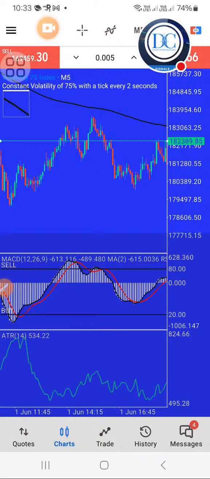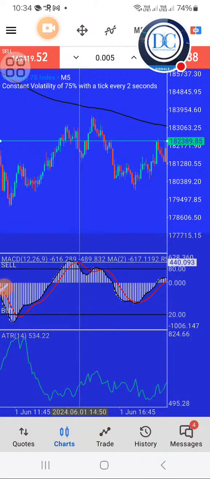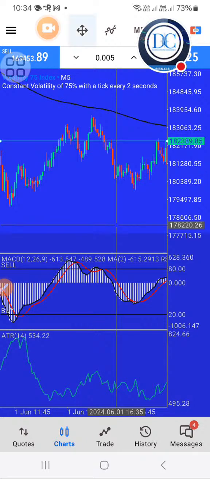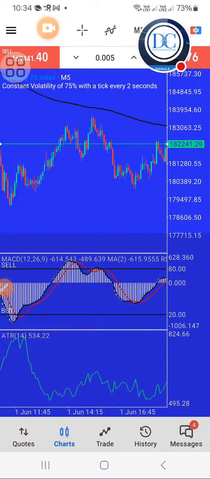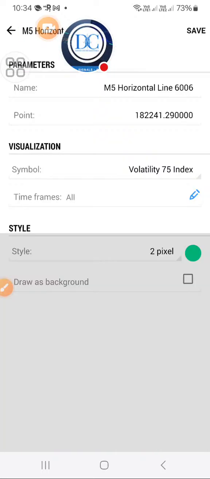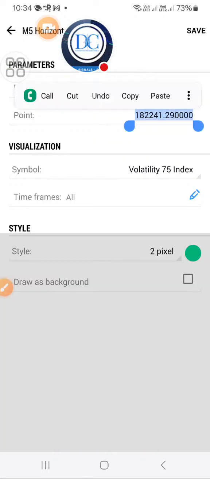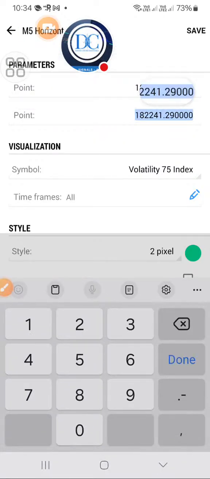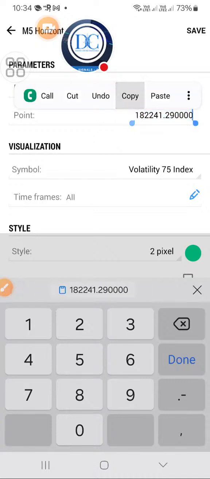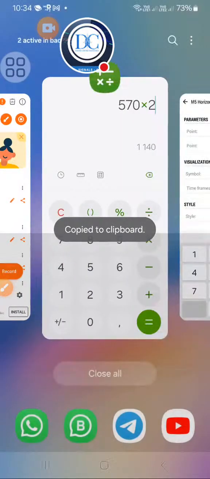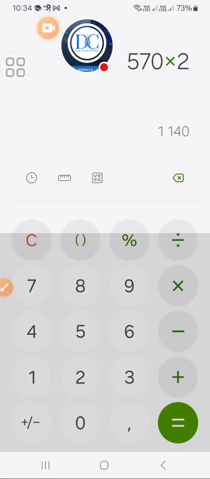You know, VIX 75 has these big candles, so I think we're going to be entering around here, around the close of this candle. So this was our price. Let me copy it and see. I'll copy this price, bring it to my calculator, and add it. It will give me a different figure.